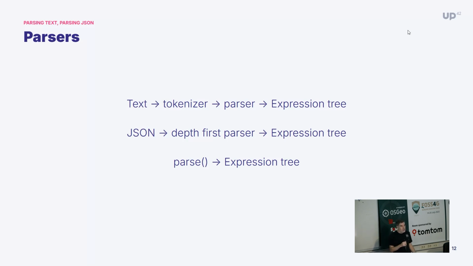But if you just want to parse something, there is a very simple parse function which will try to guess what you're showing it. If it's a JavaScript string, then it will try to parse it as text. In the end, the data structure that you end up with is an expression tree, which represents all the components, all the nodes.